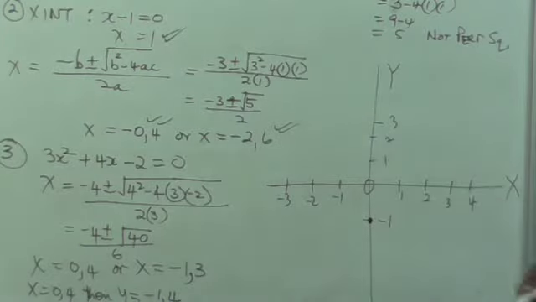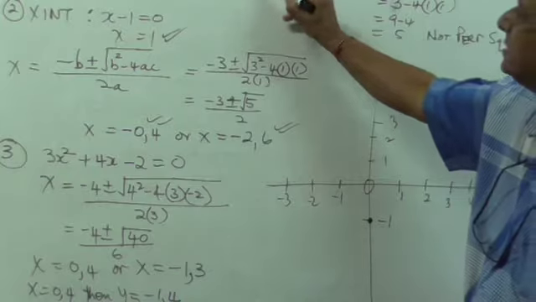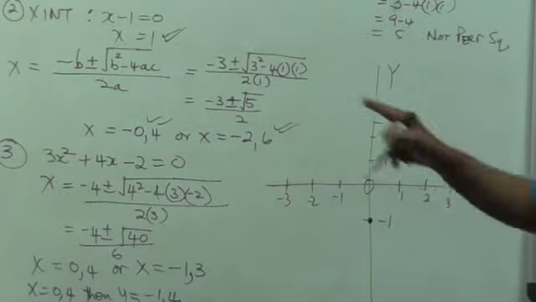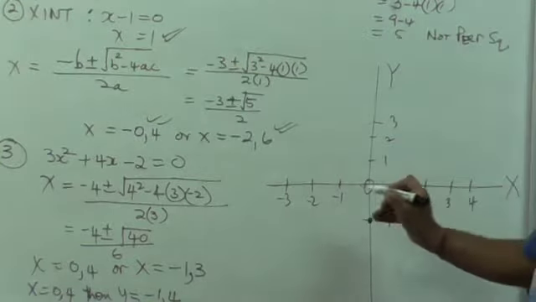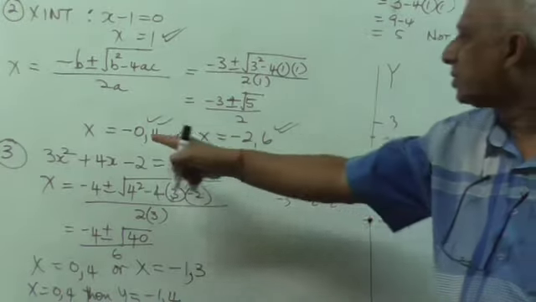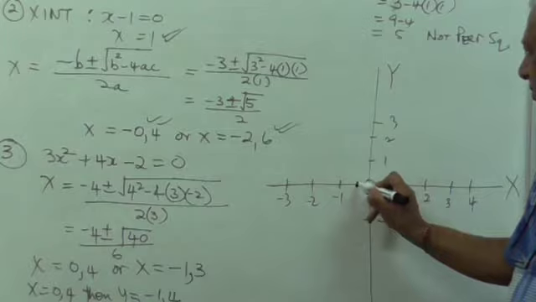1, 2, 3. Now, so we plotted the y-intercept. Now the x-intercept. x is equal to 1, so x is equal to 1 is here. x is equal to minus 0 comma 4 will be here.